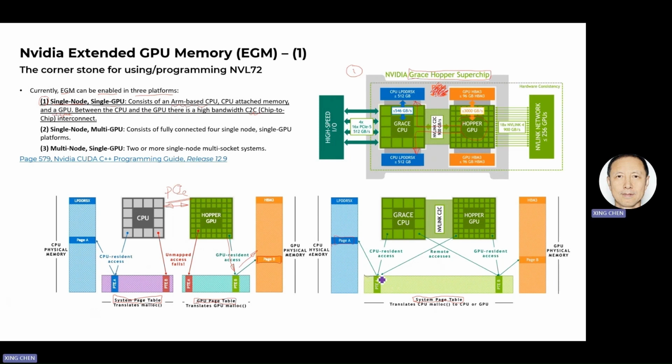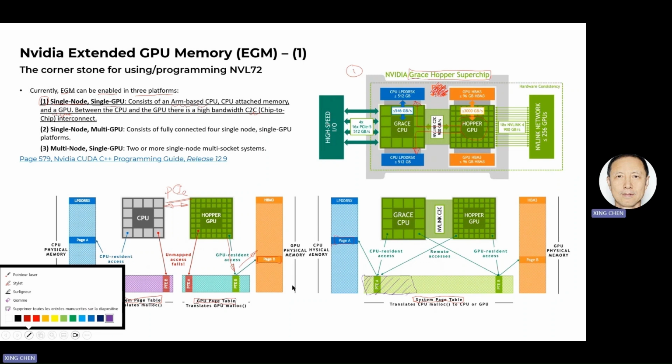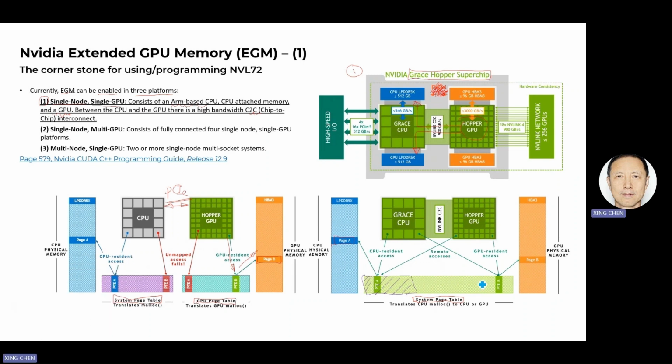You have this CPU page table located in the CPU, and you have this GPU page table located in the GPU. But we have said that we have a unified system page table. Why is it still located in the CPU and in the GPU?